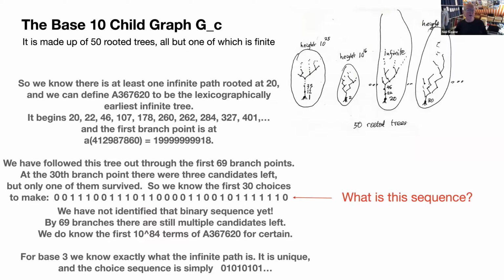So let me speak a bit about the base 10 child graph. This is a collection of rooted trees. We know there are exactly 50 of them because every number in base 10 has a parent, which is one of 50 numbers in the range 1 to 99.